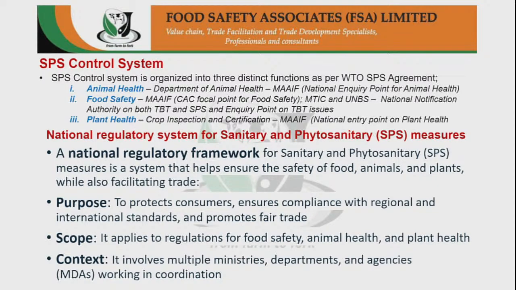We helped TRACE. It's a USDA program also. We are part of the team that did the scorecard for SPS and food safety in the region. I was lucky. I led the team that was working on the food safety, but I also worked with the teams that were working on the other aspects, animal health and plant health.